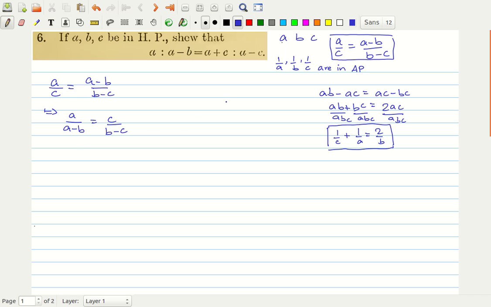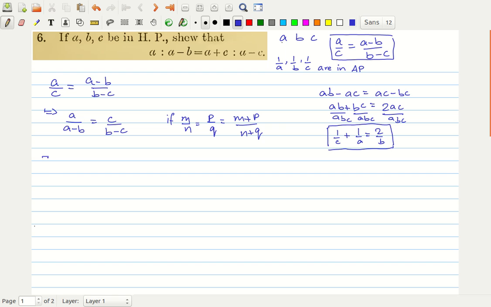Now if you remember, in the ratios chapter we discussed that if M is to N is equal to P is to Q, then each of these ratios is equal to M plus P by N plus Q. So just simply apply this over here.